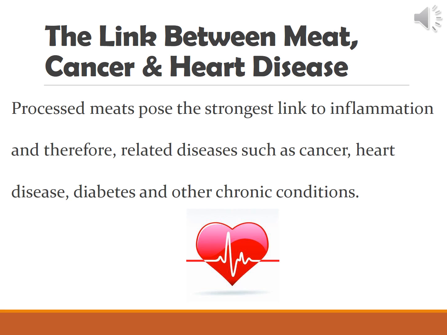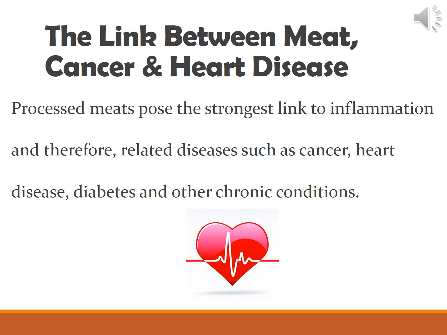There has been a lot of research that has suggested that meat is related to cancer, heart disease, and the development of a variety of other long-term chronic health conditions. Now, we've researched this further, and the most recent research that we have available to us says that these health conditions are largely related to the intake of processed meats.